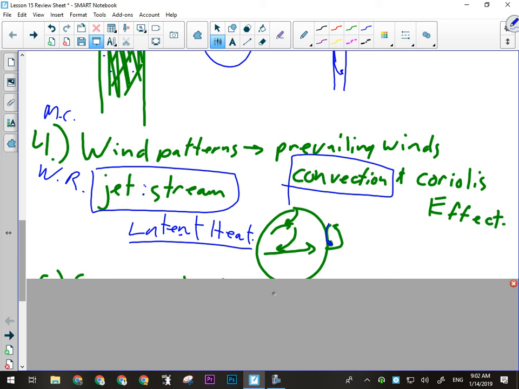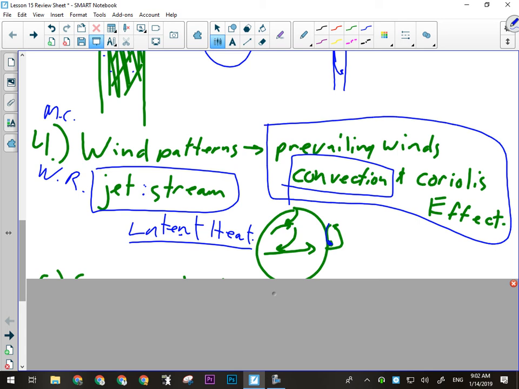And then there will be a question about prevailing winds. Prevailing winds are convection plus the Coriolis effect, right? As the convection happens here, the Earth spins this direction underneath it. So this air that's moving downwards gets deflected and makes it seem like it's coming from the east instead of from the north.